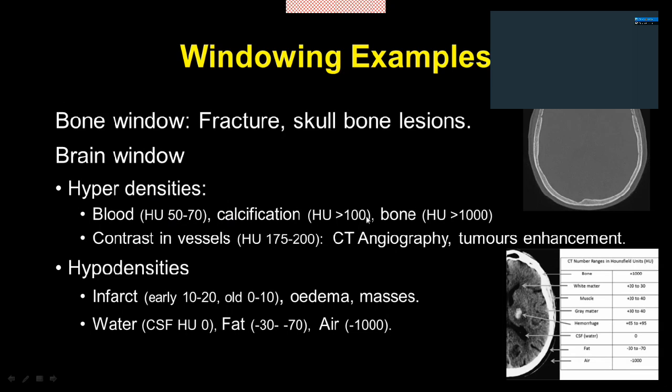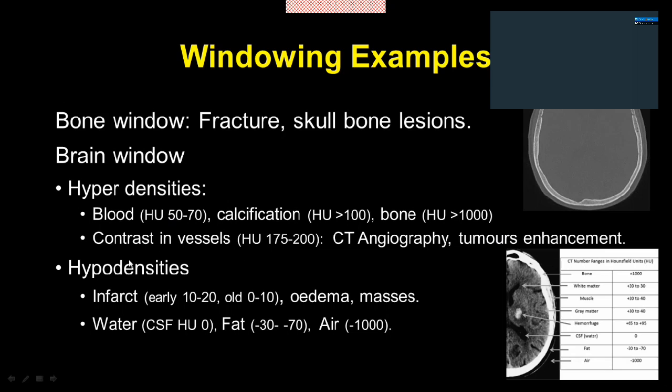Calcification is more than 100, bone is more than 1,000. The contrast in the vessel is also hyperdense, ranging from 175 to 200. CT angiography also appears hyperdense, as does tumor enhancement when we give contrast, in intra-axial tumors or extra-axial tumors as well.